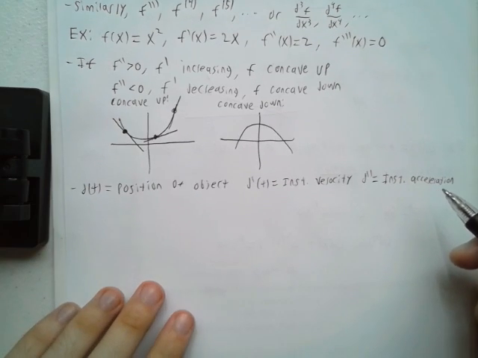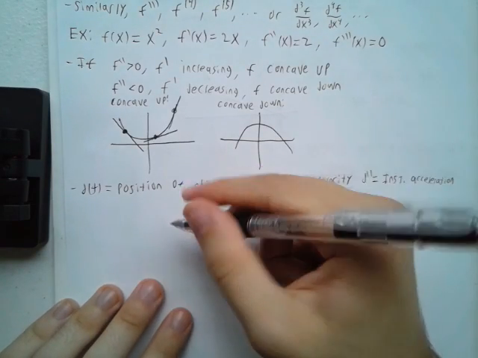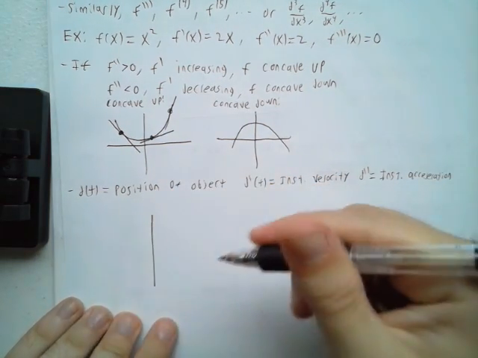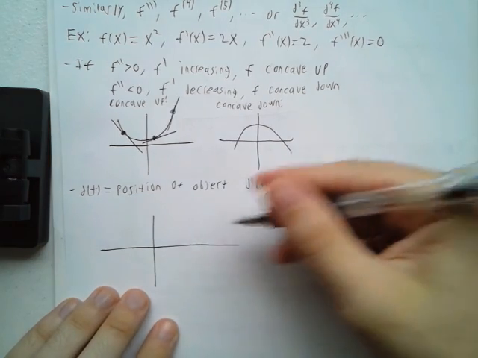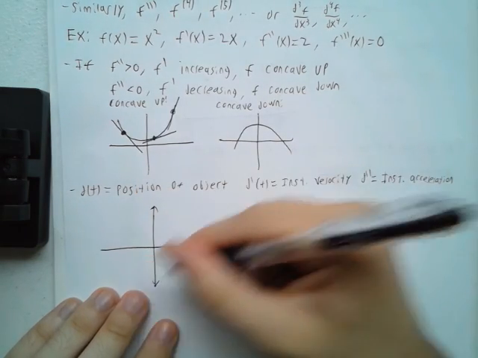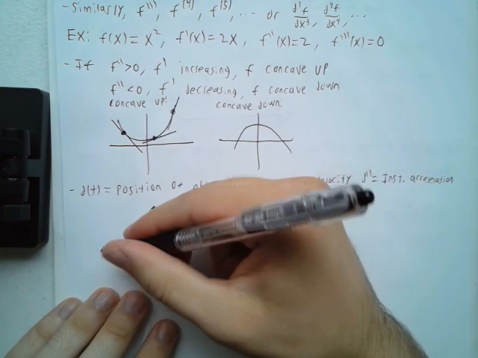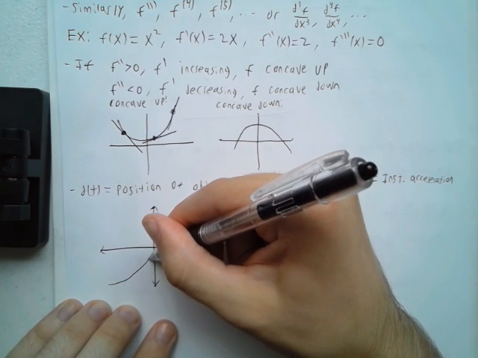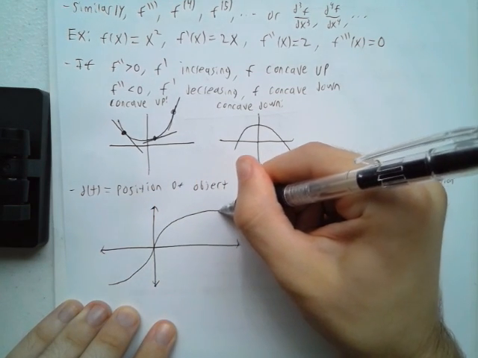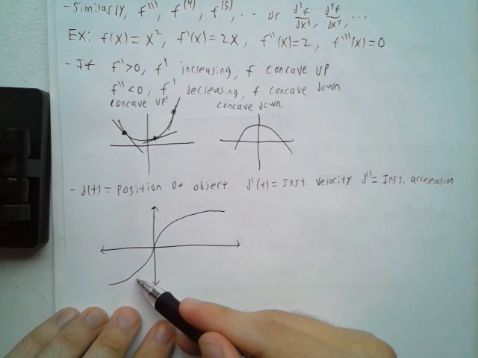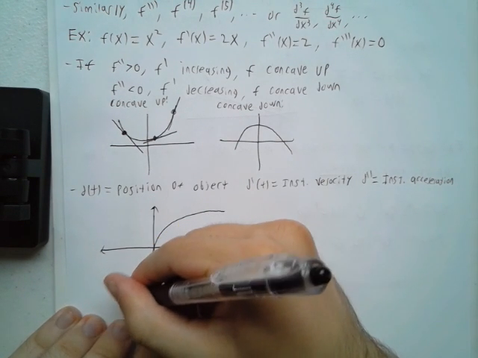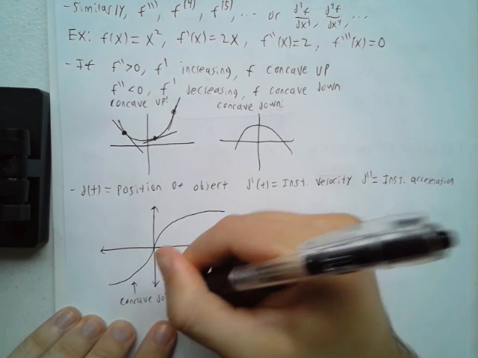So as an example, let's suppose we have some graph here. Let's draw something like this. So when we're over to the left of 0, the function is concave up, right? It's curving upwards.